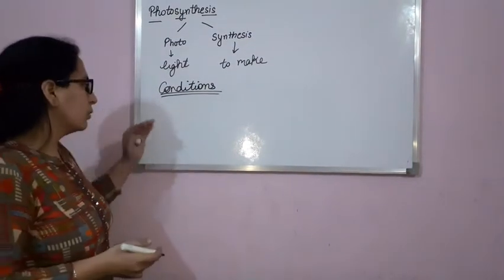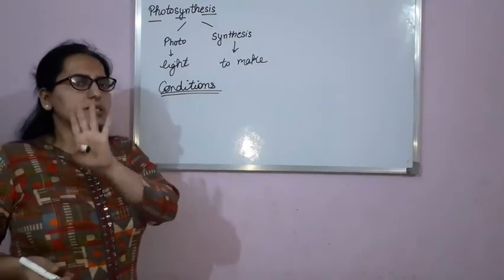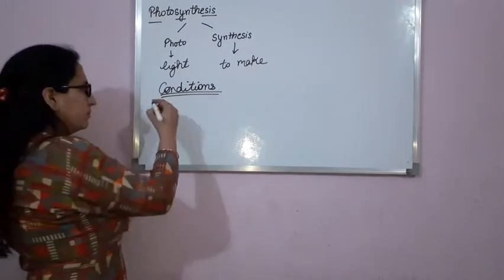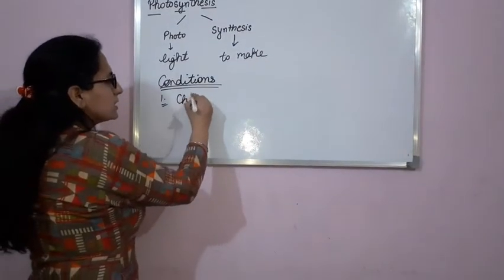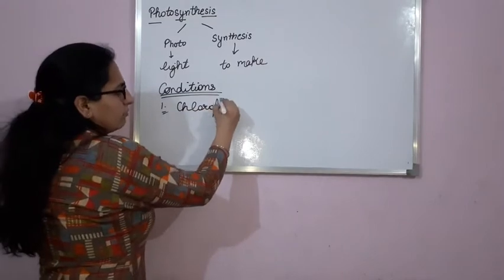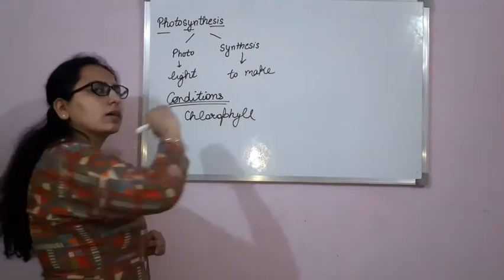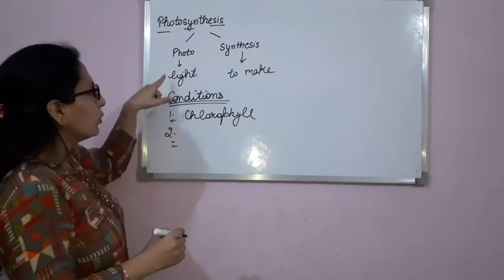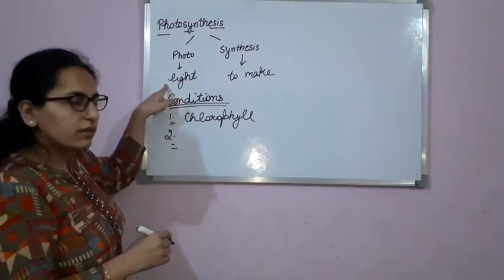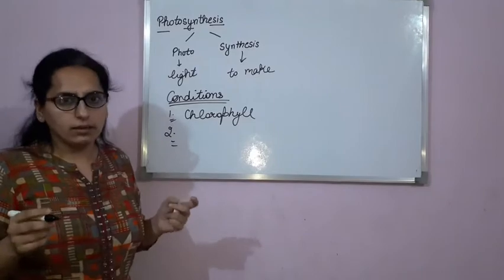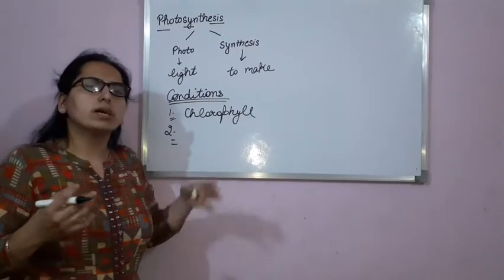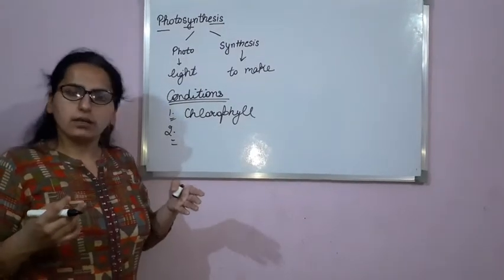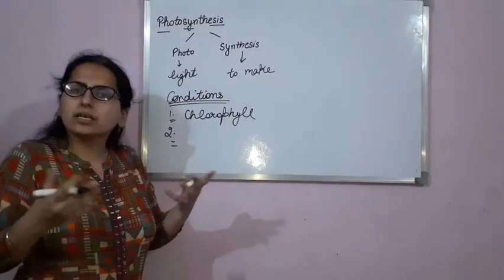Now, there are 4 requirements. First requirement is chlorophyll. Second requirement, I told you in the definition itself, that is light. Or basically we can go for the sunlight, because the ultimate source of energy is the sun.